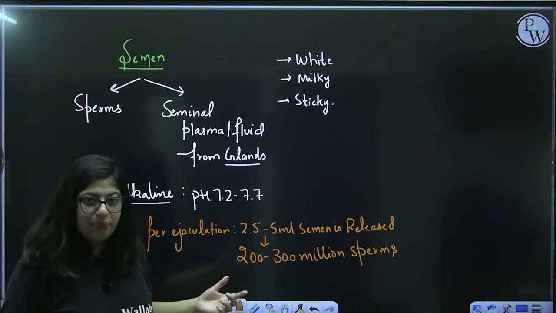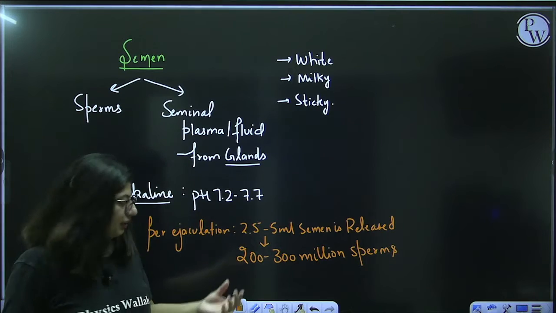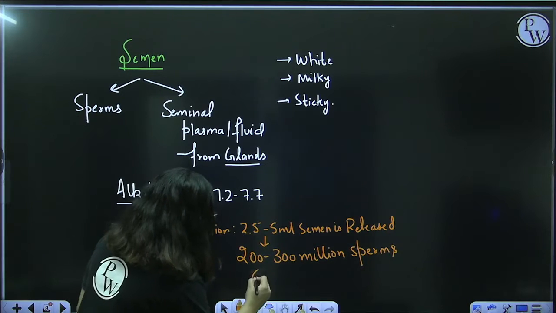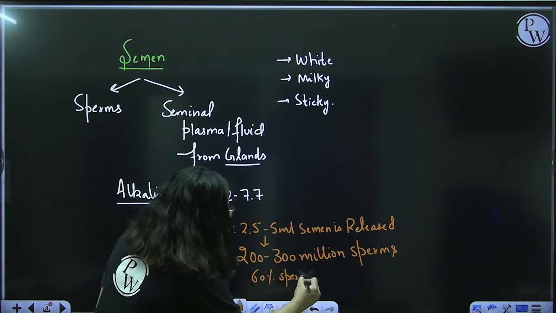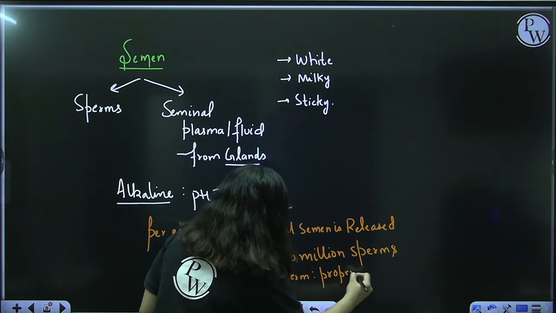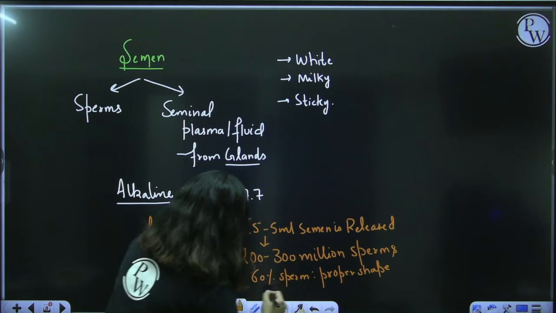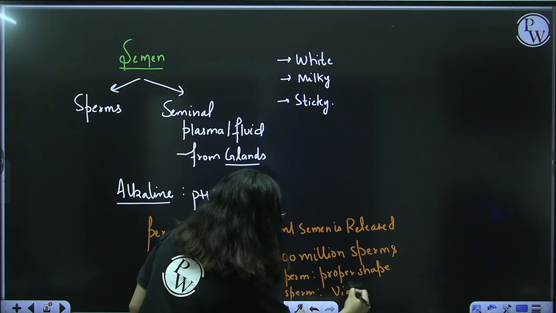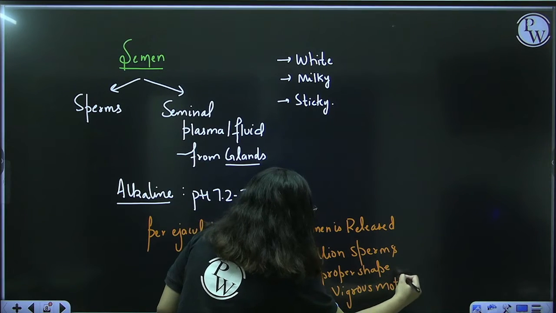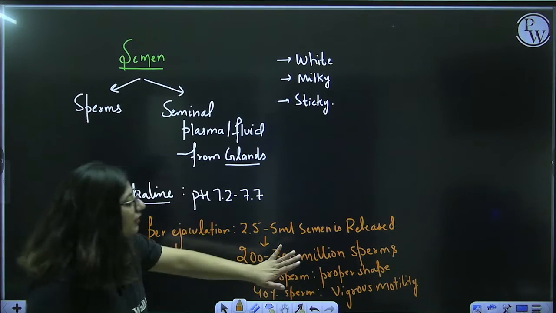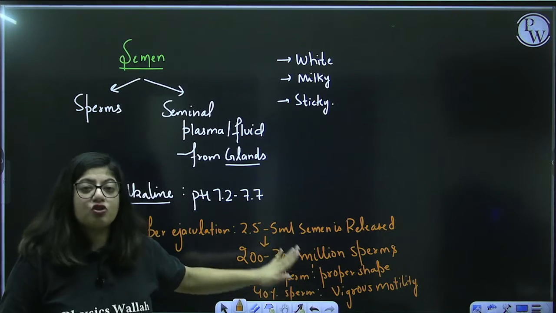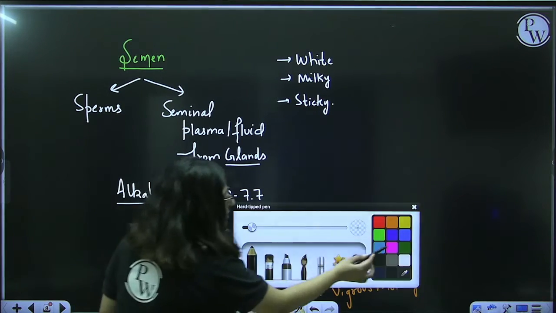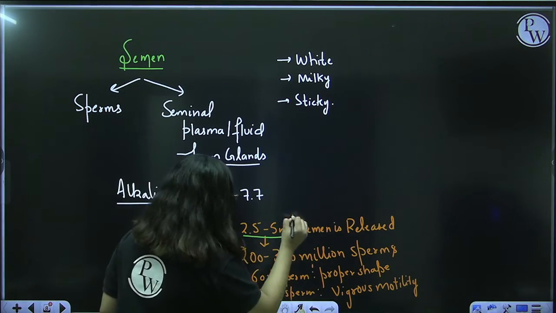So, if in a male per ejaculation whatever semen is collected contains this much amount of sperm, and out of these sperm 60% sperms have proper shape, and out of that 40% sperms have vigorous motility. Vigorous motility means they can run very fast. So, we will consider this man to be completely healthy and fertile. So, per ejaculation, the male is releasing this much semen.